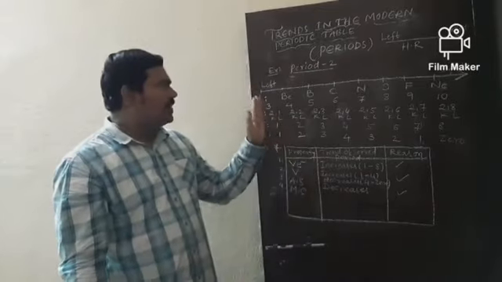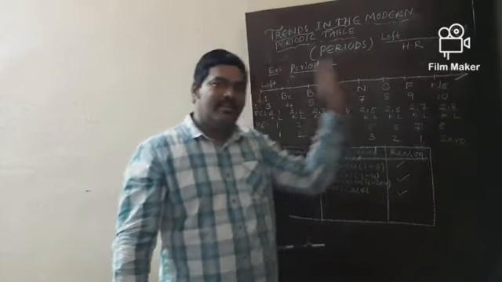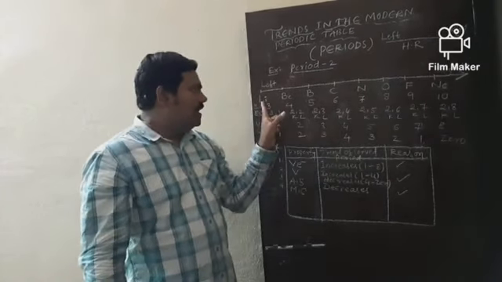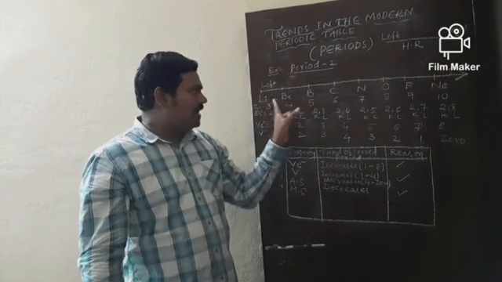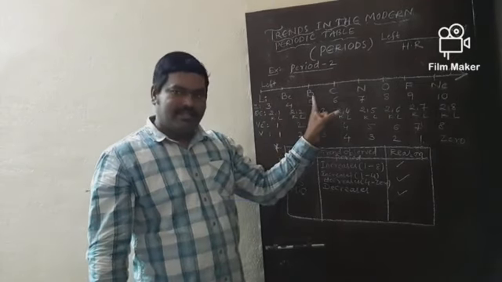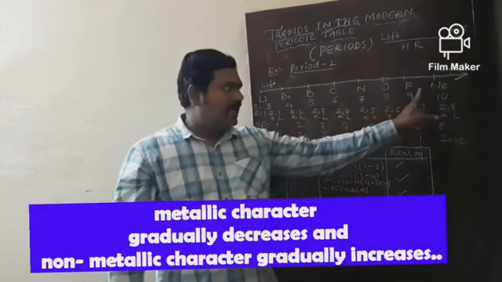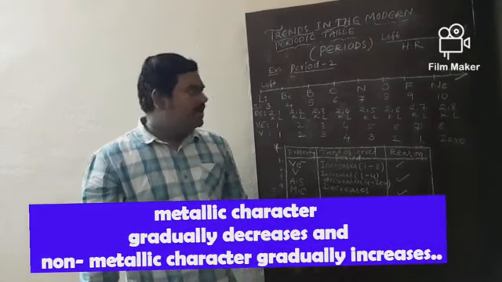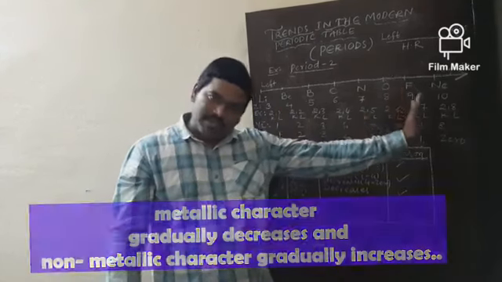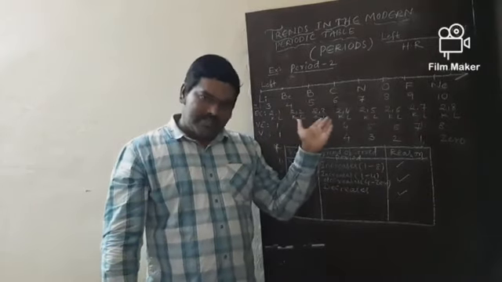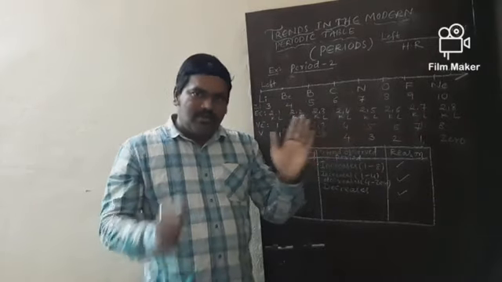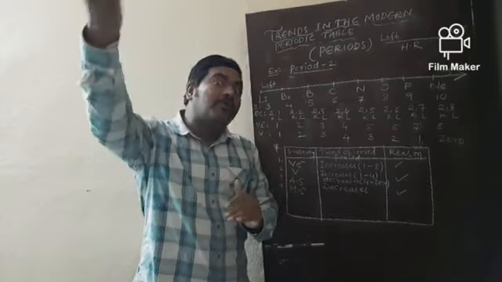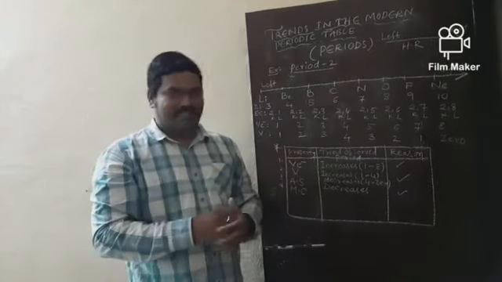Now, while moving from left to right in any period, metallic nature or metallic character gradually decreases and non-metallic character gradually increases. Why? Because the size of the atom becomes quite small, and when the size of the atom becomes small, nuclear attraction over the outermost shell increases.